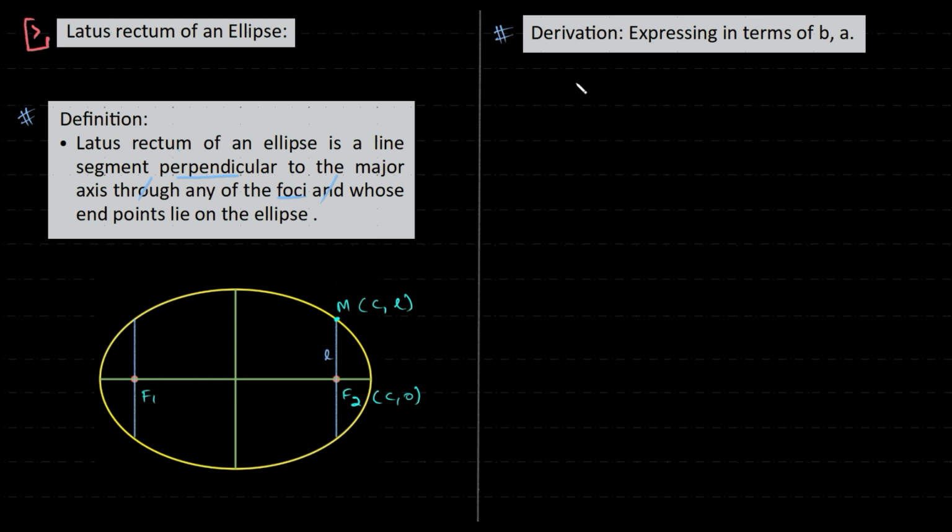Now here I'll make use of the equation of the ellipse to derive it. So we know that x squared by a squared plus y squared by b squared is equal to 1. This is your equation of the ellipse.